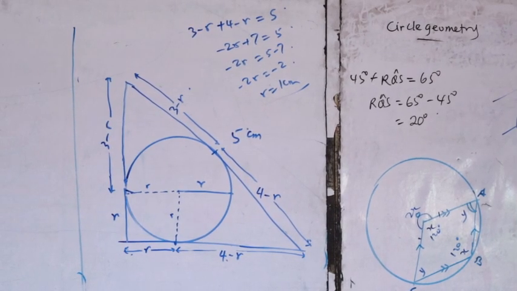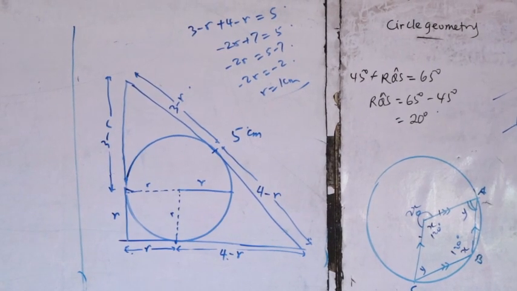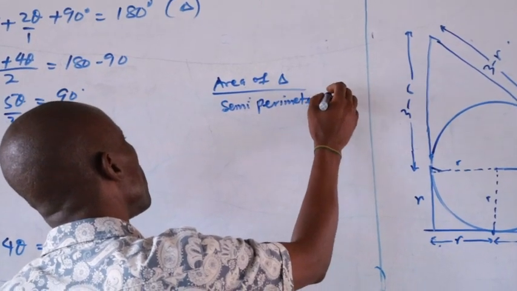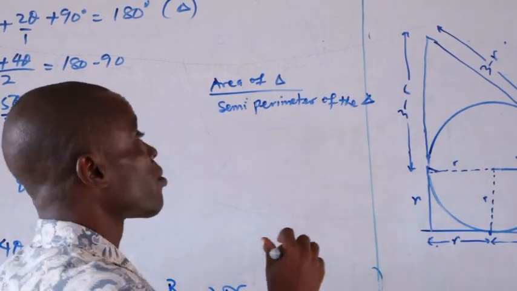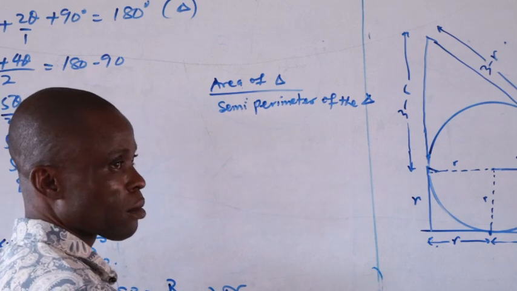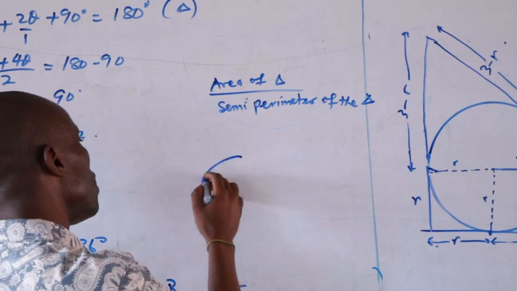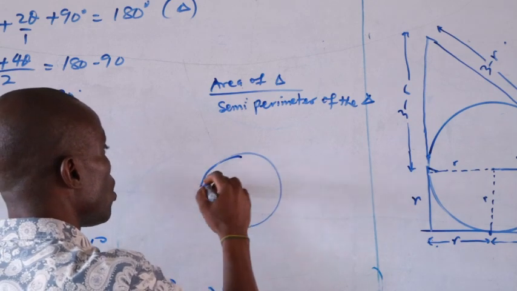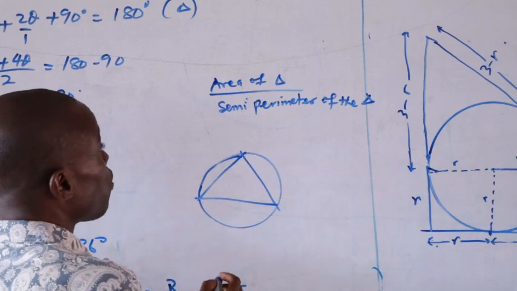I'll take a question with you. On the triangle, you want to find the radius of the inscribed circle. Let's say this is a circle, and you have this as a triangle. You now want to find the radius.